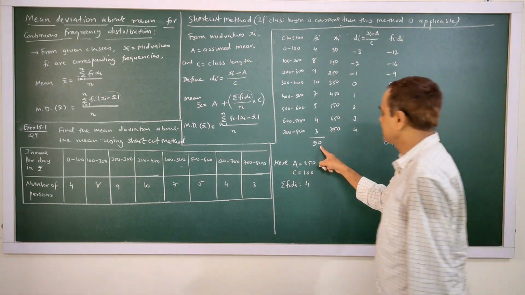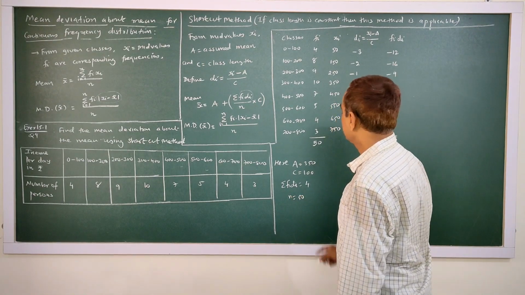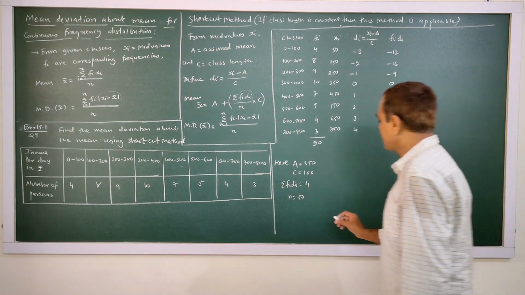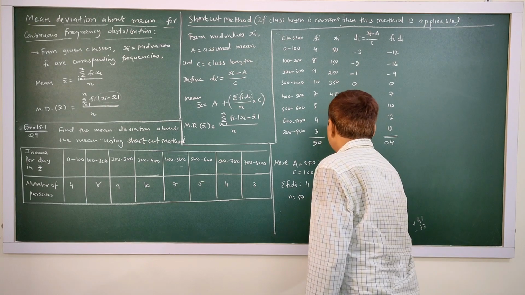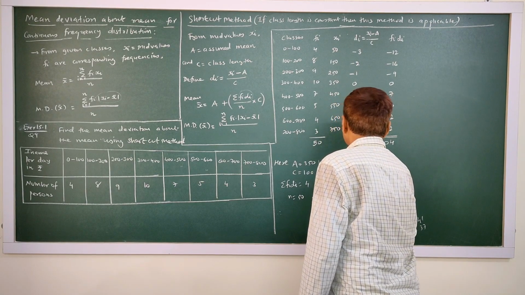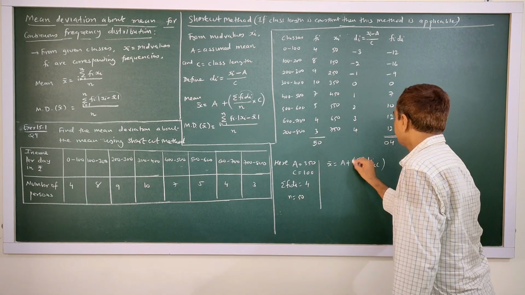N is 50. So substituting these values in this formula, x bar is a plus sigma fi di upon n into c.